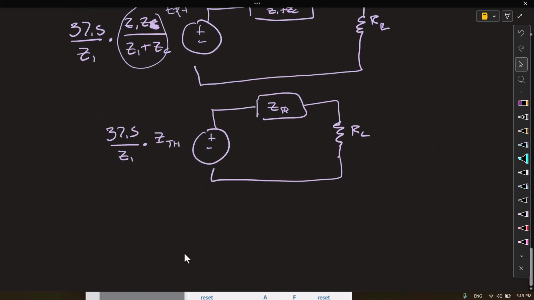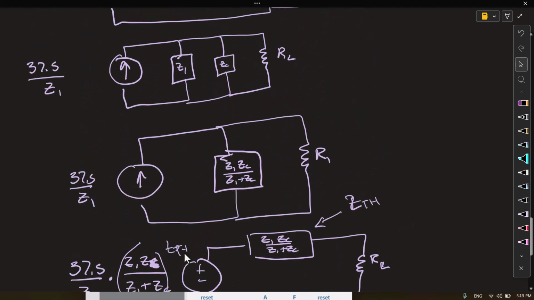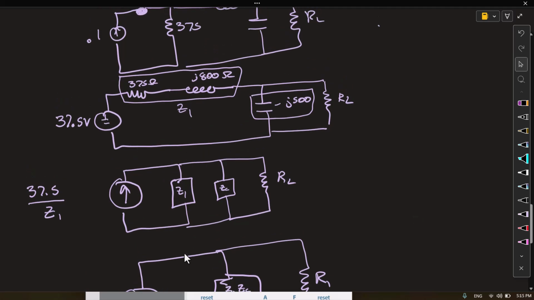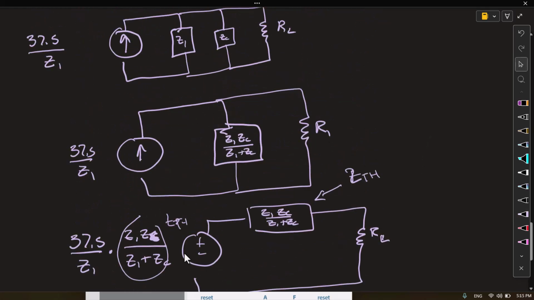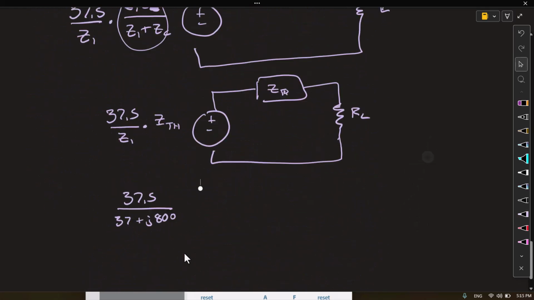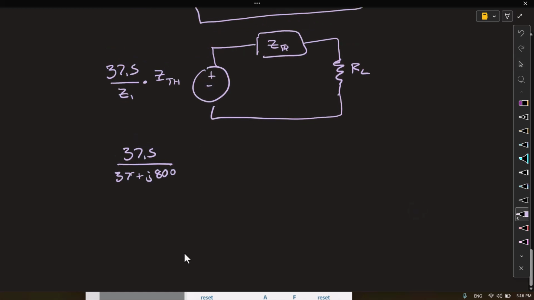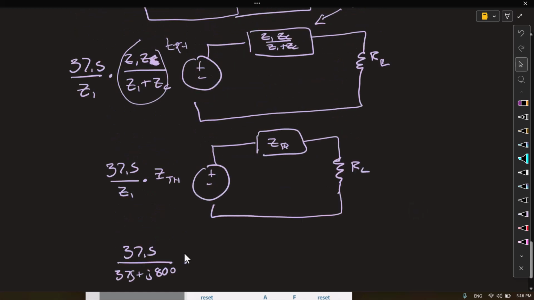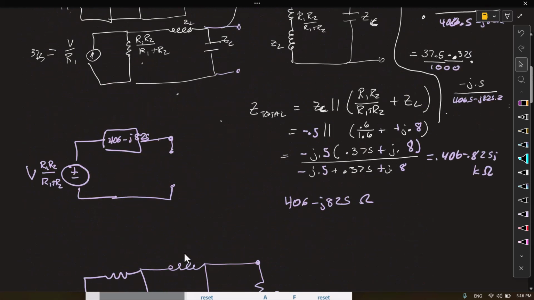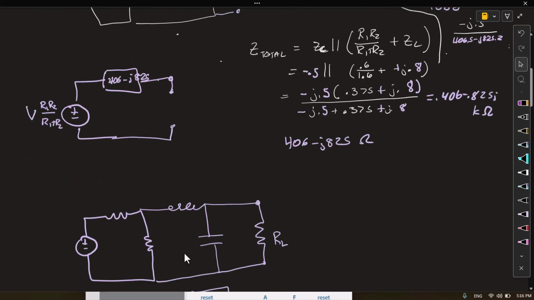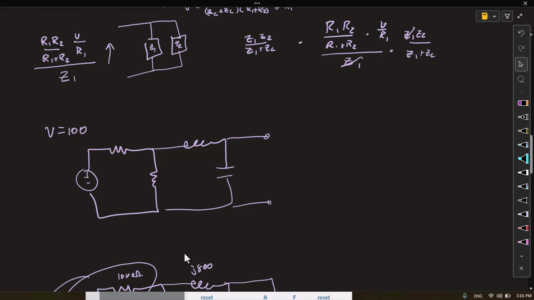So this is 37.5 over Z1. Now what was Z1? Z1 was, wait, no, it was 375 plus J800 times Z Thevenin was 406 minus J825.